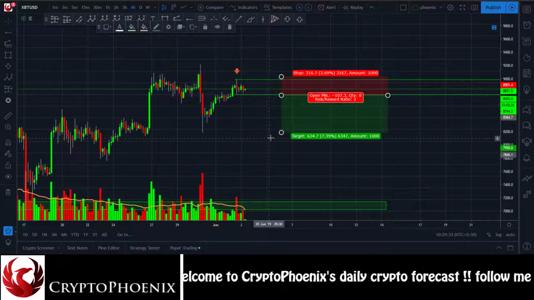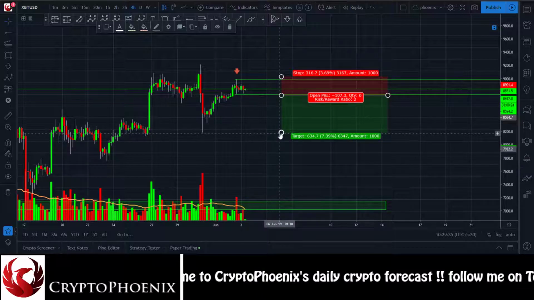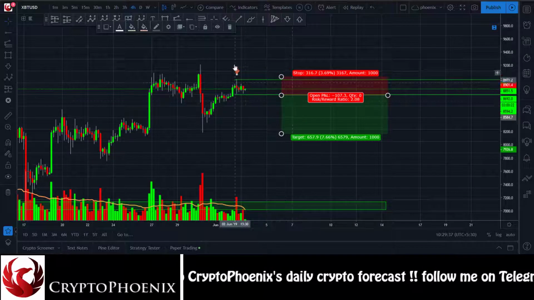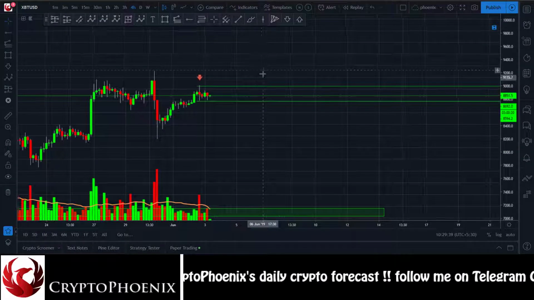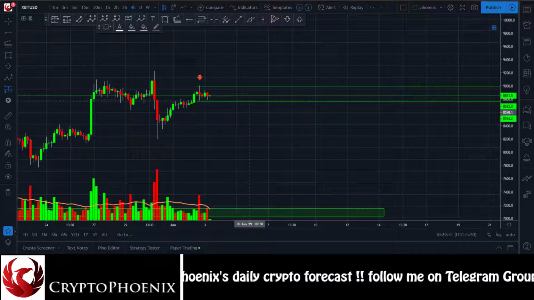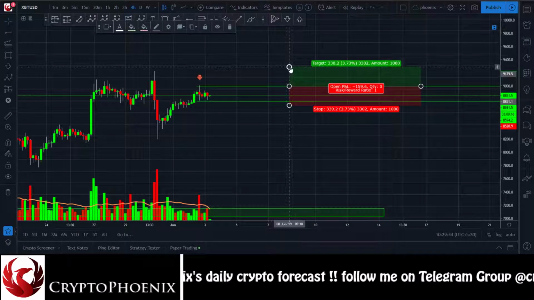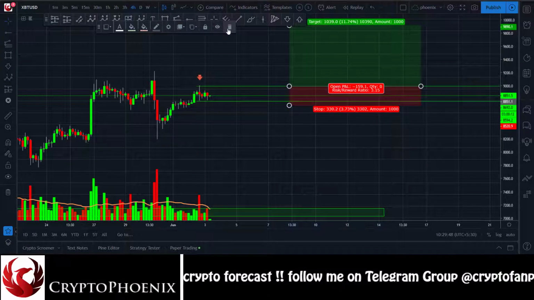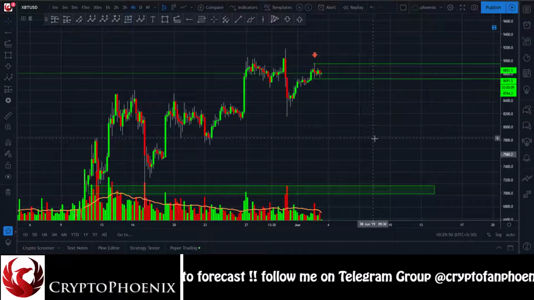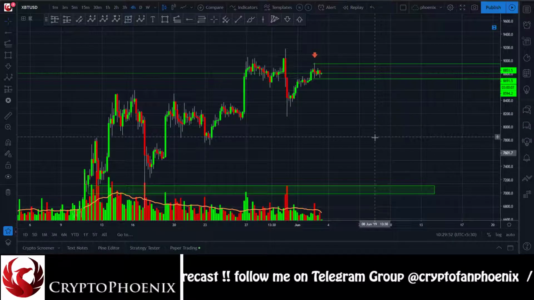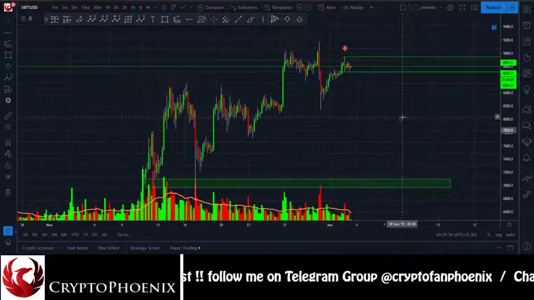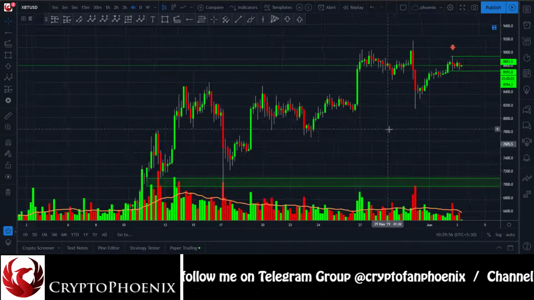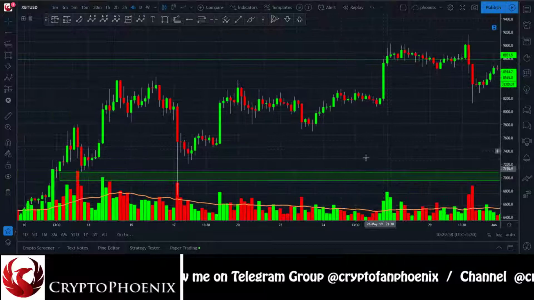If it falls below this line, we are very likely to retest the previous low, and if we break this candlestick high, it's very much sure we're gonna move upside. You can go like 9,500 or 10k, depending upon price action and where the market goes.